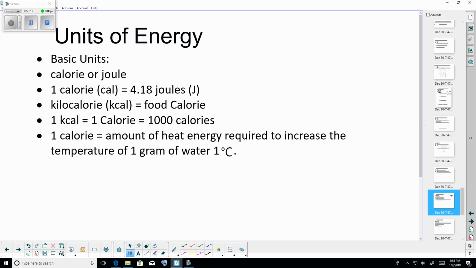Between the calories and the kilocalories? Okay, it's on page 30 under humanist perspective, food calories.